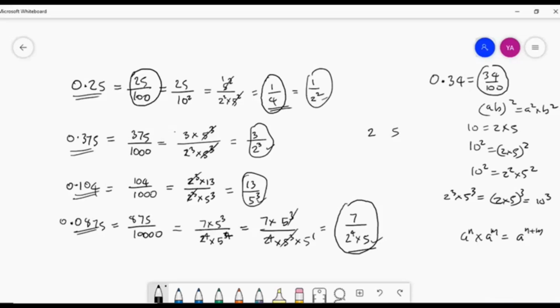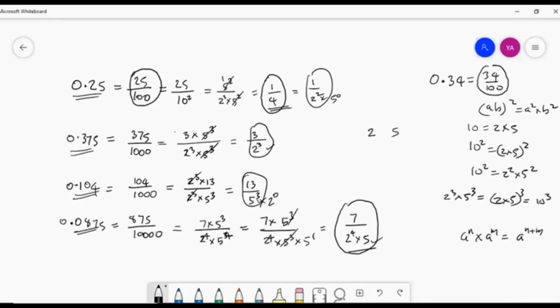Sometimes only powers of 2, sometimes only powers of 5, sometimes a product of powers of 2 and 5. In the first example, we can write 2 square into 5 raised to 0, that's fine, since 5 raised to 0 is 1. In the third example, we can write the denominator as 5 cube into 2 raised to 0, and 2 raised to 0 is 1.